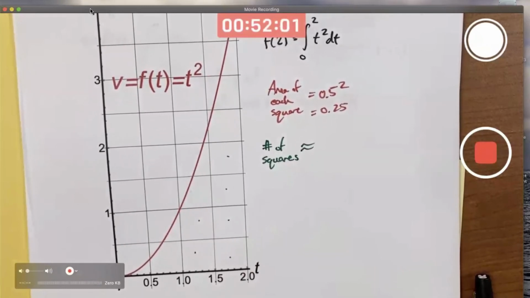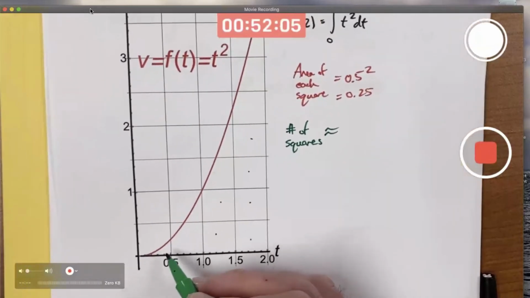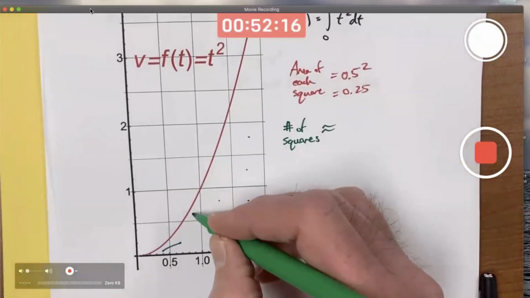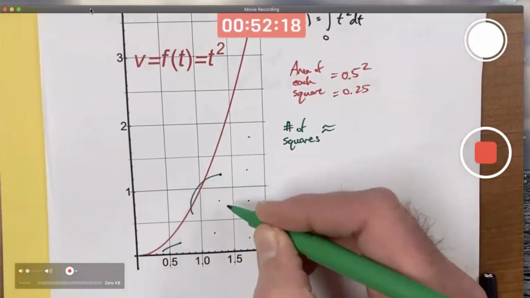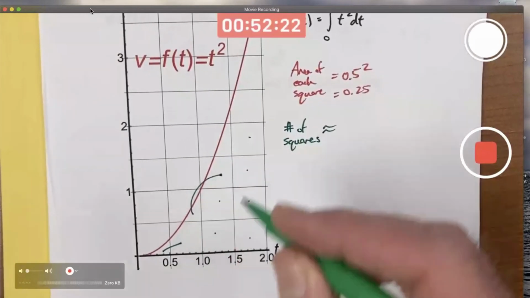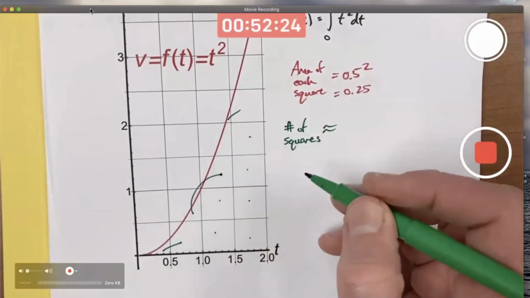And I also can match up approximate whole squares from pieces, like these two approximately give a whole square. I'm looking at the area under the graph. Those two, how many up? 1, 2, 3, 4, 5, 6, 7, 8. Maybe these two, 9.